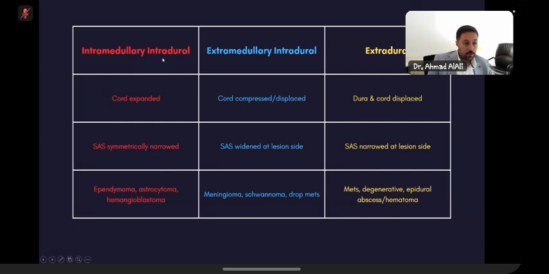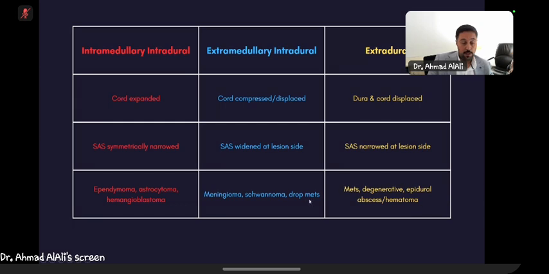Differential diagnosis for intramedullary intradural lesions are ependymoma, astrocytoma, and hemangioblastoma. These are the common ones, although we can see some others, like for example demyelinating plaques, like the ones that we saw earlier. The extramedullary intradural include meningioma, schwannoma, and drop metastases.